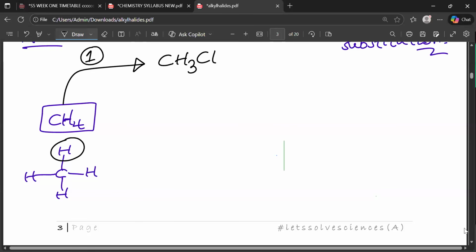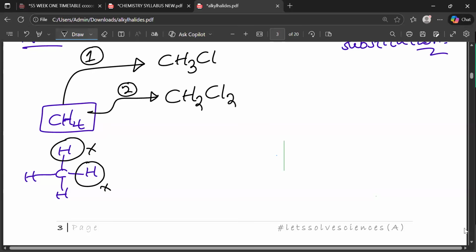Then what if we replace 2 of them? Yes, we also get a second one, and so we are replacing this and this. So we shall have been left with 1 carbon, 2 hydrogens, and then the remaining 2 hydrogens have been replaced by 2 Cls, like that, isn't it?